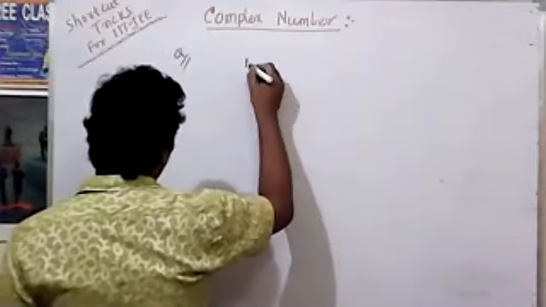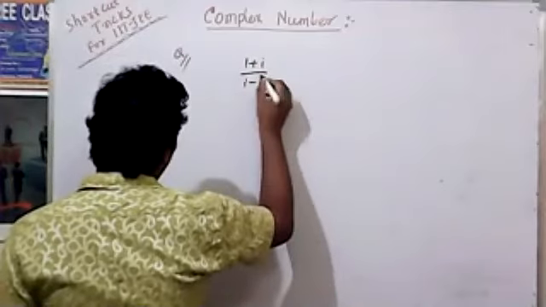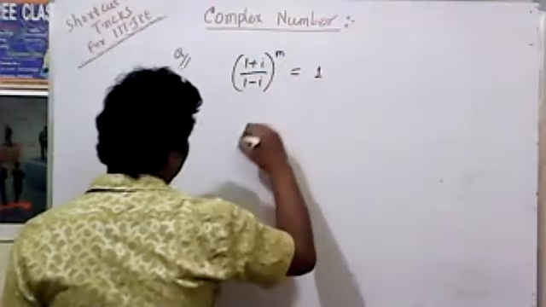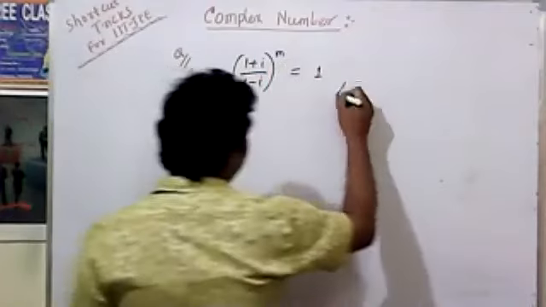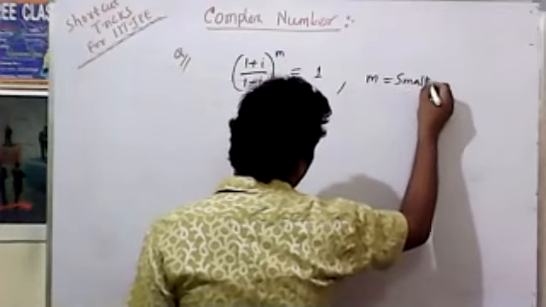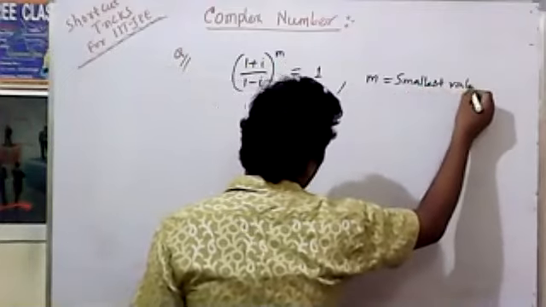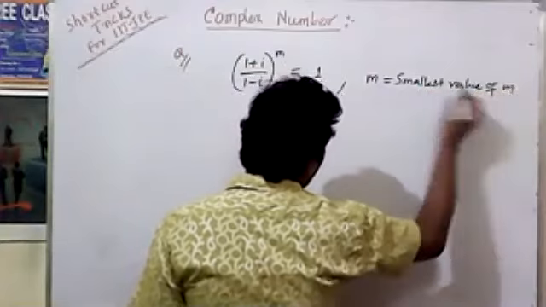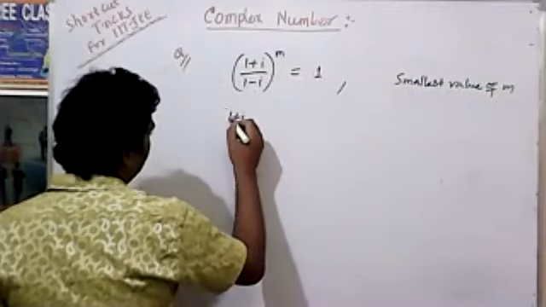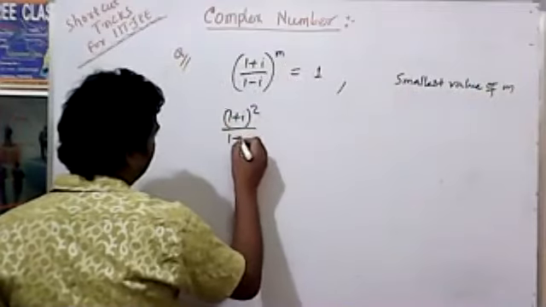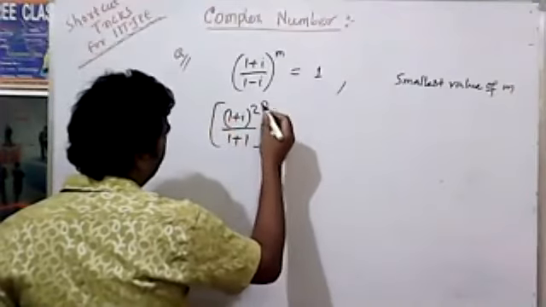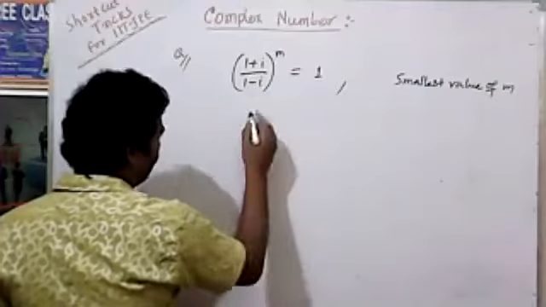If (1 plus i) by (1 minus i) to the power m is equal to 1, find the smallest value of m. So here, 1 plus i whole square by 2, to the power m. How will we do it?